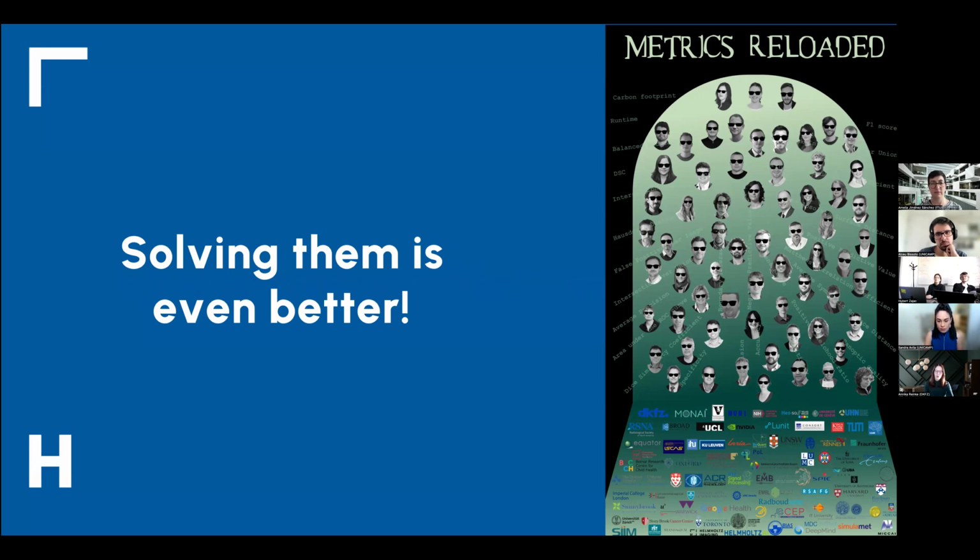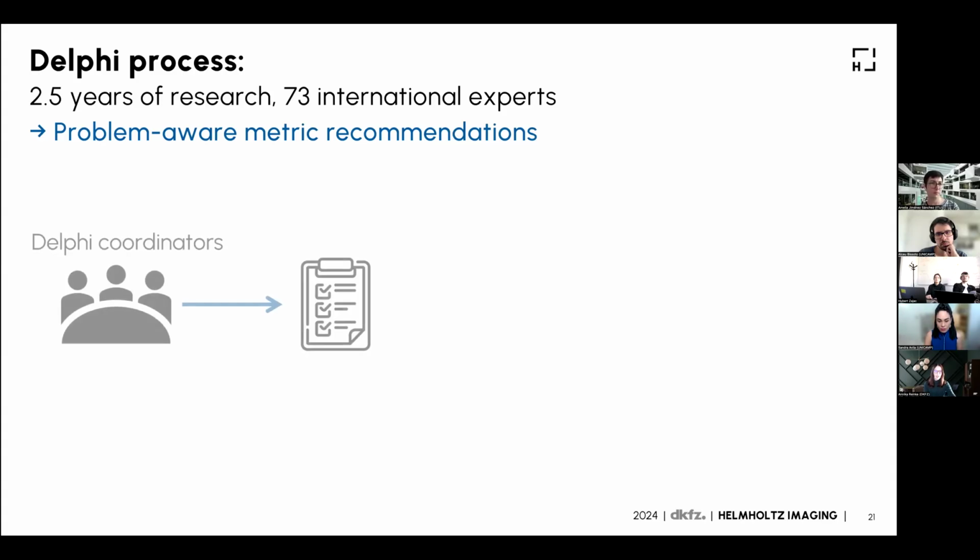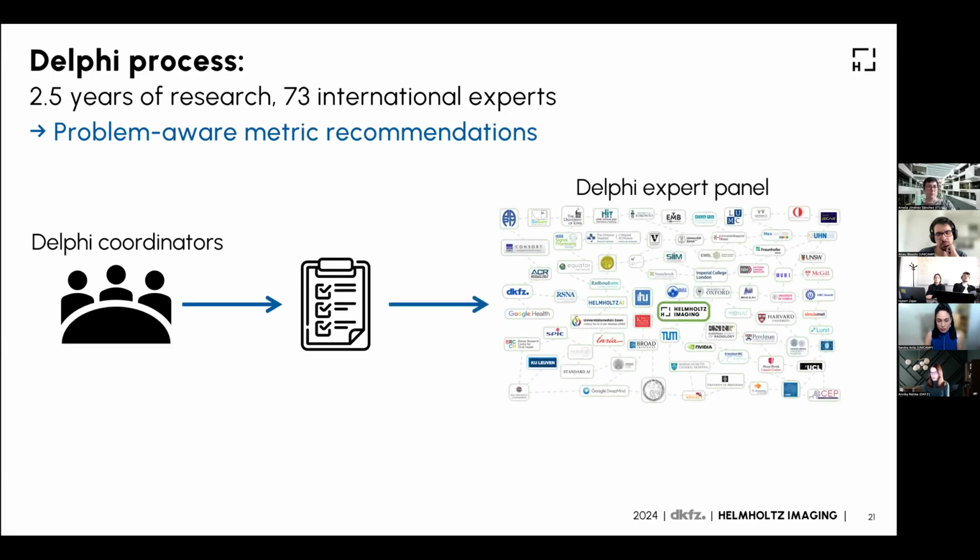We wanted to go for problem-aware metric recommendations. And we achieved this by performing a Delphi process where we worked together with all of these experts. We had a small group of coordinators. We worked on some proposals for the recommendations in these cases. We put it into a survey, and the expert consortium then could give feedback on that.